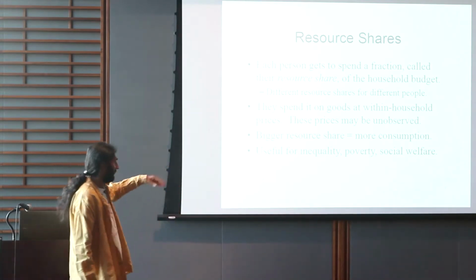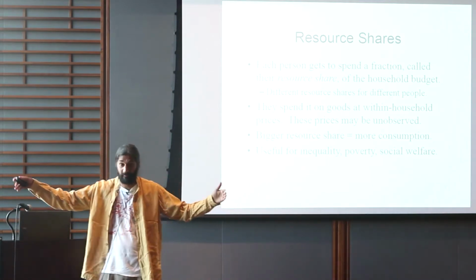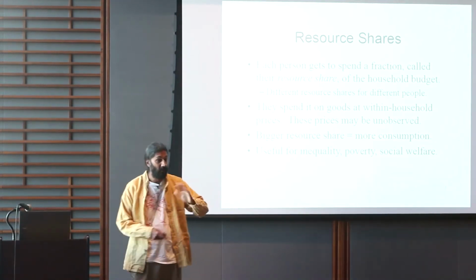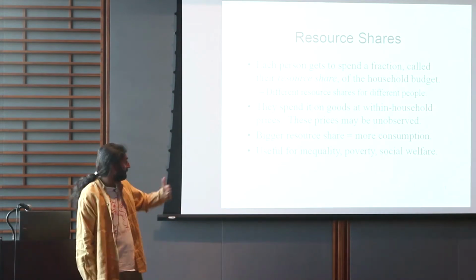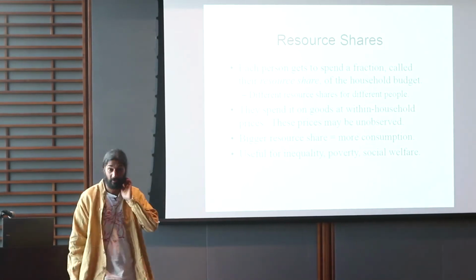And so it's going to be useful for thinking about inequality, within-household inequality, or inequality at the level of the whole economy. For thinking about poverty, our older paper talks about using resource shares to measure poverty, and it makes a big difference when you measure poverty because this approach allows for within-household inequality, which means the standard poverty measures, with which you'd assume that households are defined as poor or not, can be replaced by a poverty measure in which you think about whether individuals are poor or not, and not all individuals in a household can be poor.